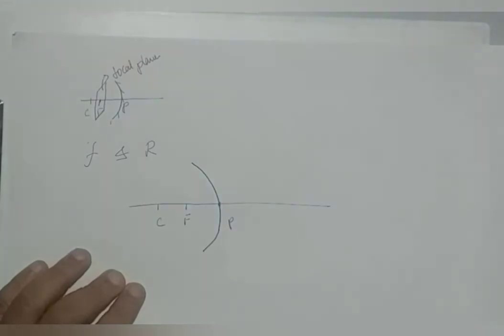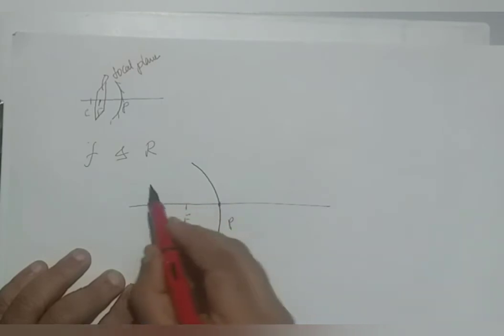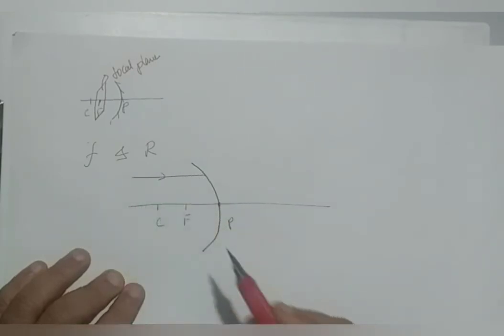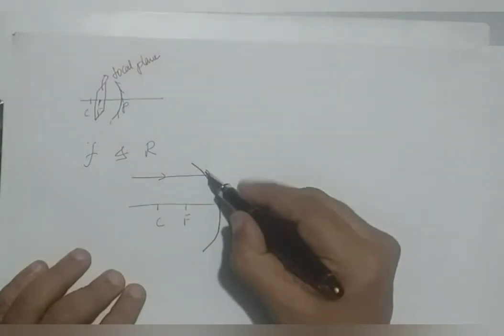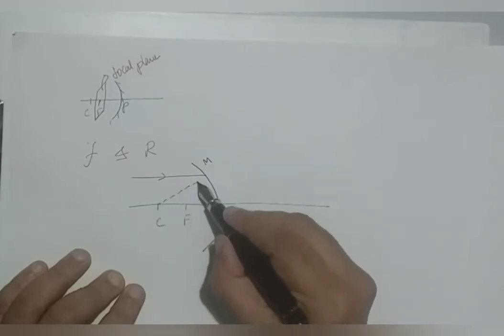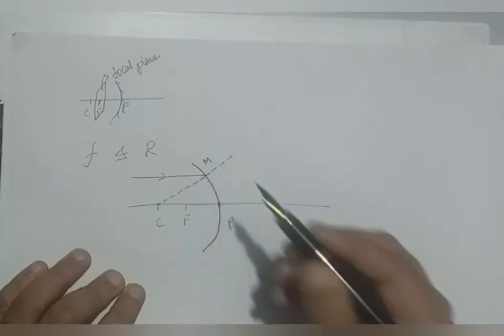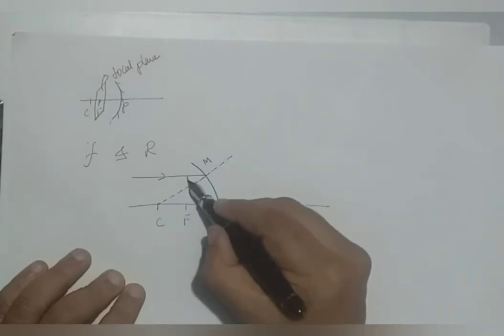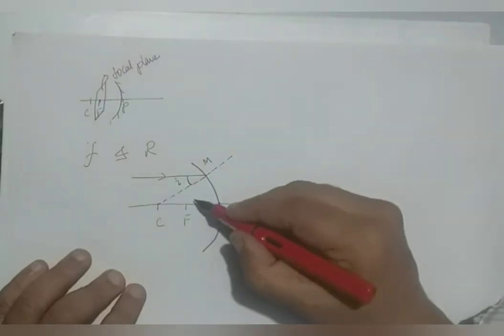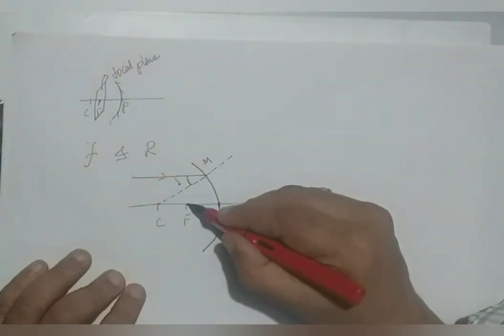Now we draw the rays of light, the incident beam like this, and the normal. The normal at this point M is a line passing through M from the center of curvature like this, and this is the angle of incidence. Now, after reflection, it passes through the focus like this.